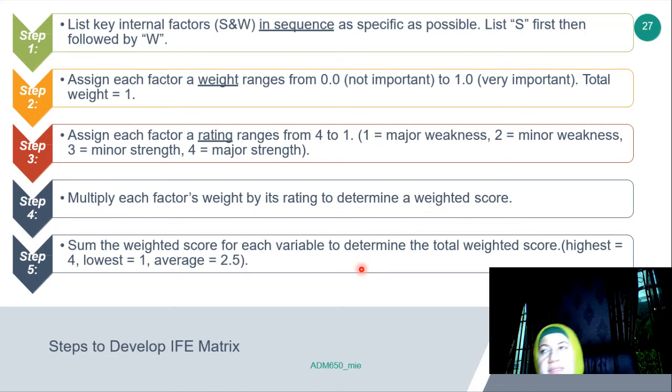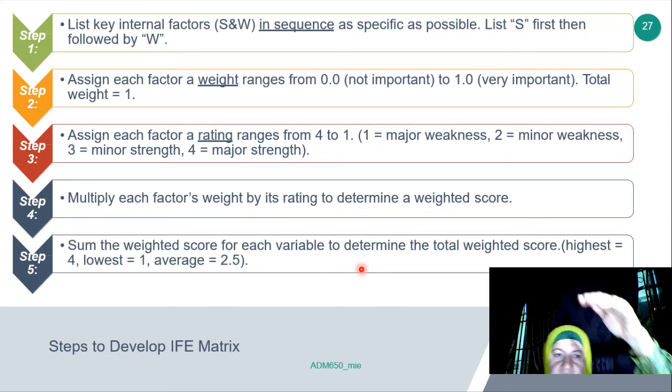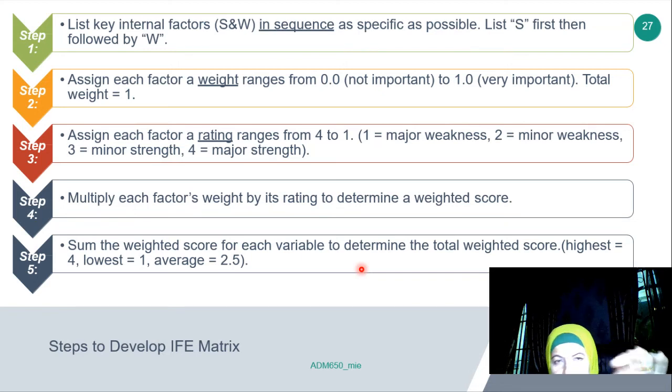Let's say you have identified 20 strengths and weaknesses and assigned each a weight. When you add up all your weights, the total should not be more than 1. So how do you know which factor is important and which is not? That is where you need to do research based on facts, and otherwise rely on your intuitive judgment.